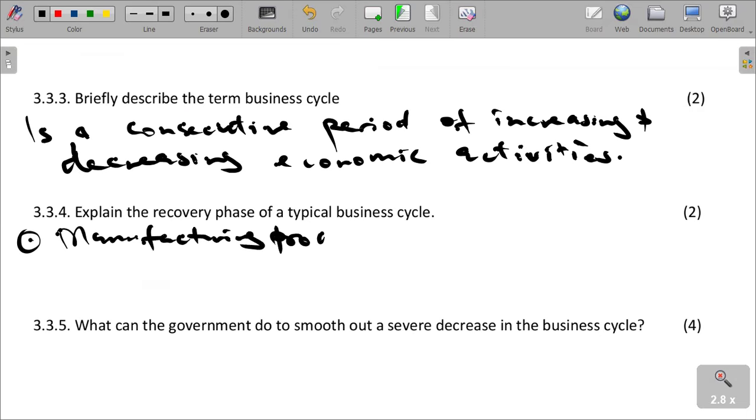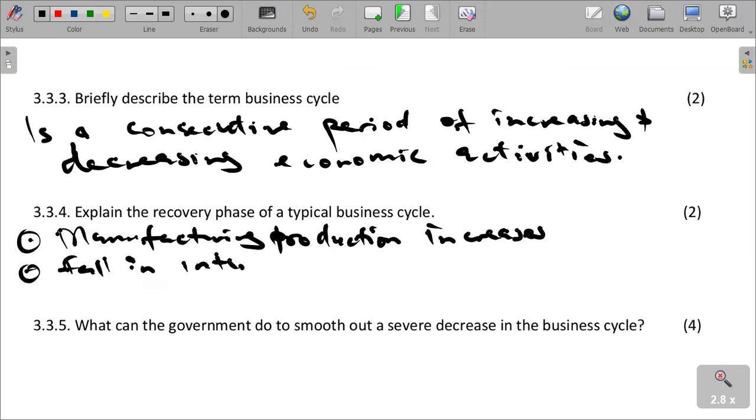Manufacturing production increases during the recovery phase. Interest rates fall, because people are supposed to be encouraged to borrow in order for business to go.